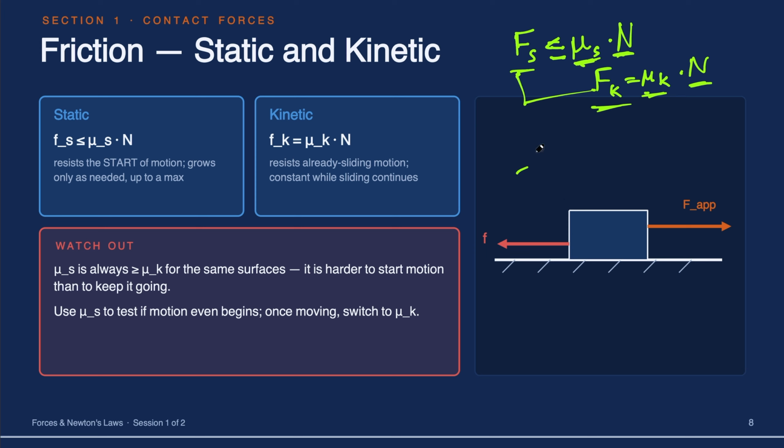If you threw a ball and the ball was rolling on the ground, the ground exerts a force on this ball. It exerts a force called Fk, or kinetic friction, which eventually slows the ball down to a stop, right? Which makes sense, because otherwise the ball would just keep on going forever.